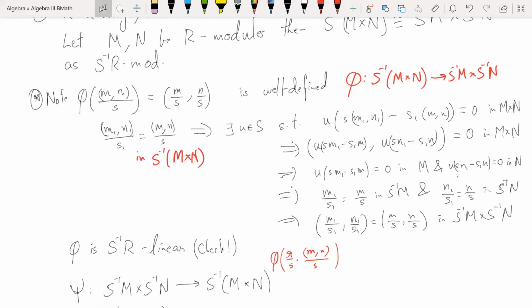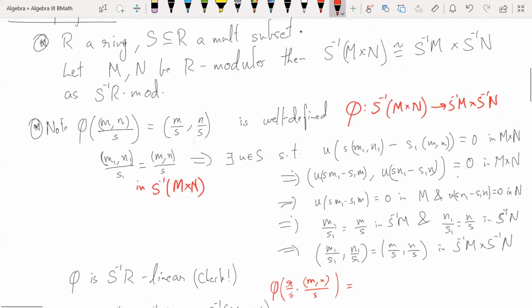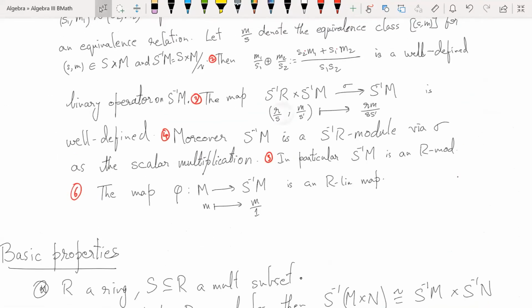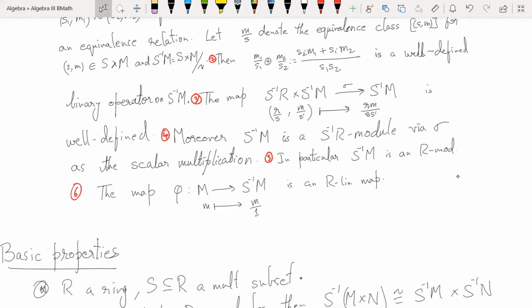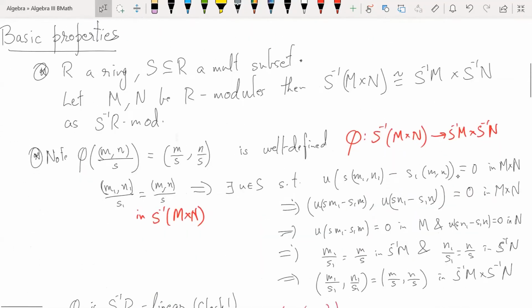So component wise, by definition. What is the module structure of S inverse R on S inverse M? You multiply the numerator with the numerator and the denominator with the denominator. That was the definition: r over s times m over s prime is rm over s times s prime. So we'll do that.